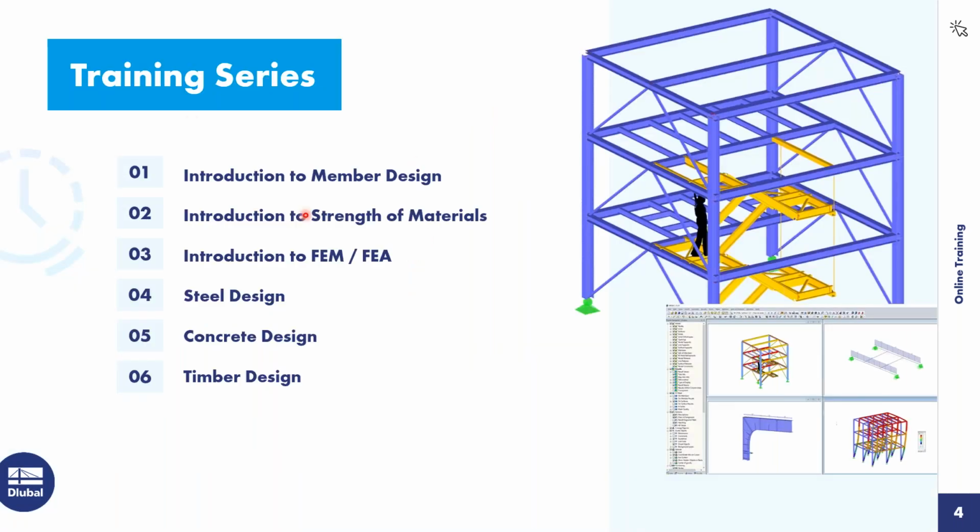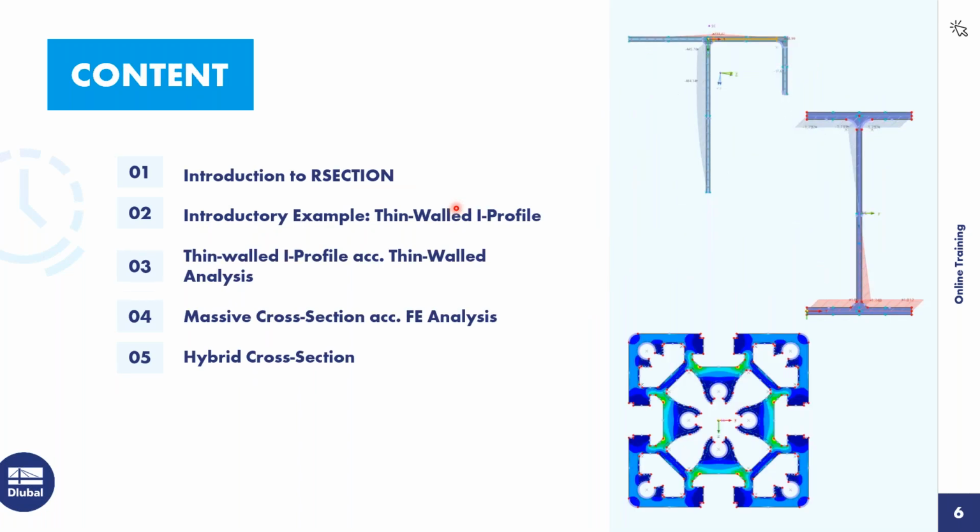Our training series consists of 6 different topics. Today we have the second part, the introduction to the strength of materials. And what can you expect today? So first of all, you will get an introduction to Rsection. Rsection is our cross-section standalone program for the creation and calculation of user-defined and any different cross-section and profiles.